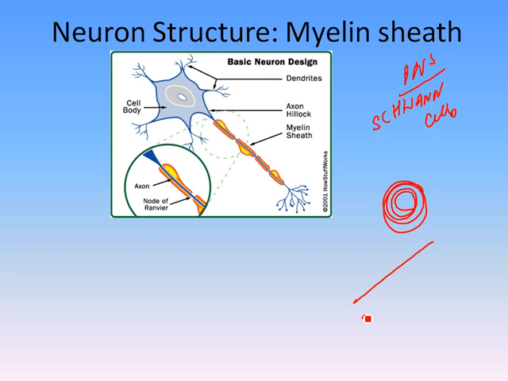So if this is the axon, they will wrap themselves like this, pushing the nucleus and the membrane to the outside. The portion of the sheath that contains the nucleus and the cytoplasm will be called the neurilemma.